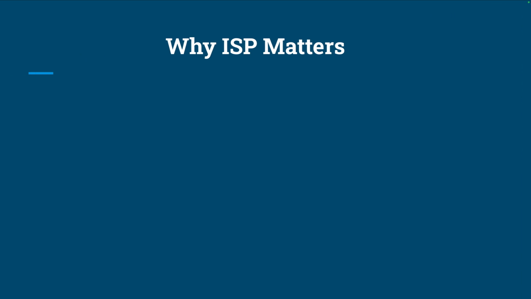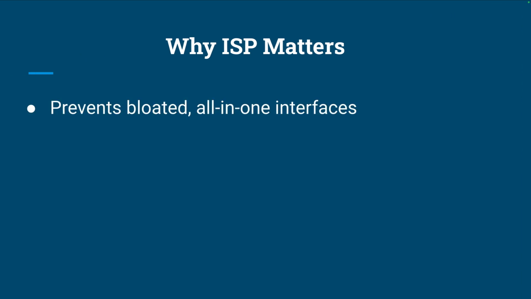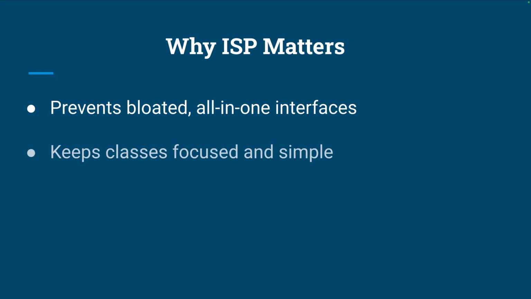So, why does the interface segregation principle matter? Well, first, it helps you avoid creating these massive bloated interfaces that try to do everything. You know the ones, 20 methods, and your class only needs 2 of them. Second, it keeps your classes clean and focused. Each class only depends on the methods it actually needs, which makes your code easier to read and easier to change.